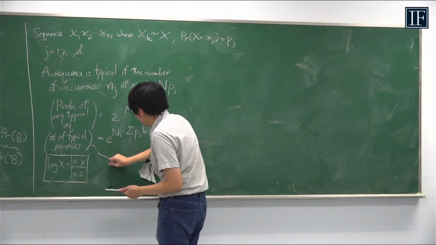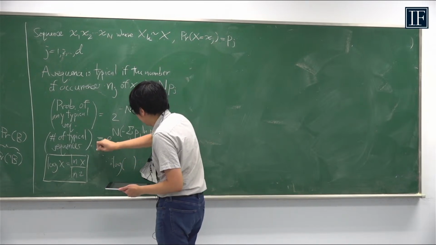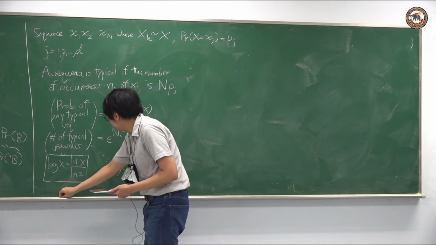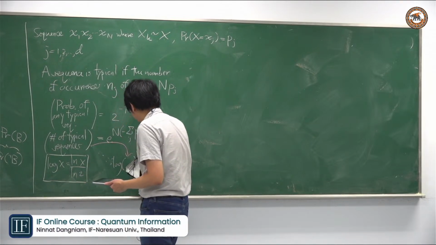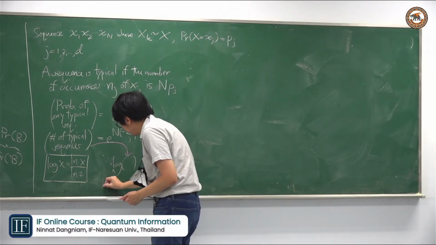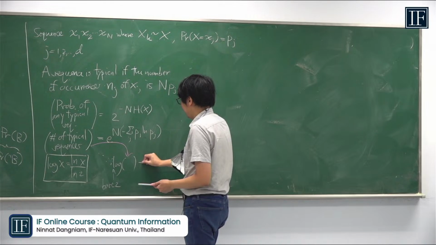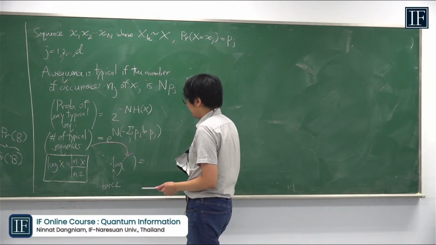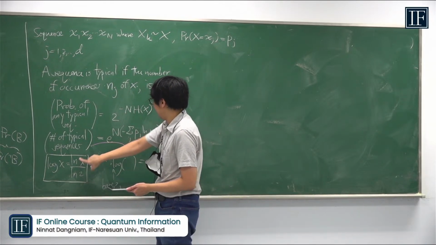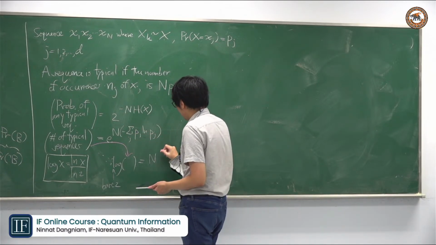So now if I take the log of this quantity, base 2, right? Base 2, and then just plug in that equation, I get the natural log of this, which just brings the whole thing down.